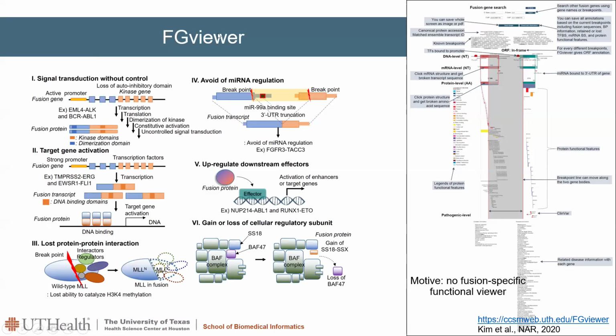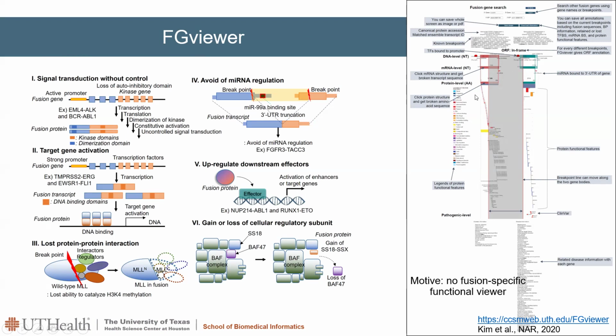So this is FGPure. After studying the fusion gene for many years, I learned that there are representative mechanisms of action of fusion genes in the cell. I thought it would be helpful if we could have a unique visualization to infer fusion gene function.